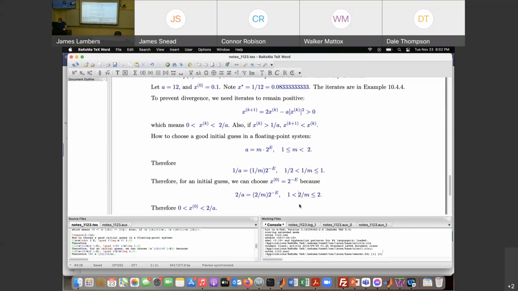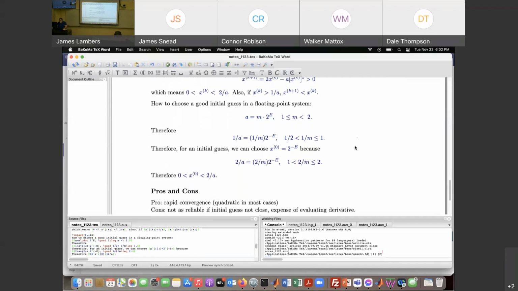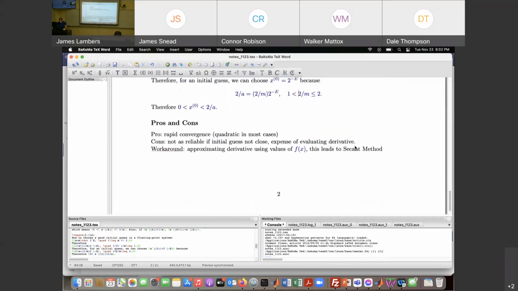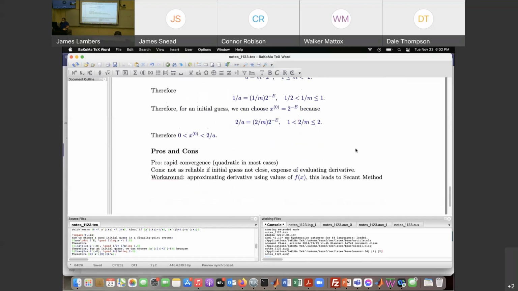Okay. Questions about this? So as far as the benefits or drawbacks of Newton's method, we've seen rapid convergence. It is the most rapidly convergent method we've seen so far for a general purpose method.